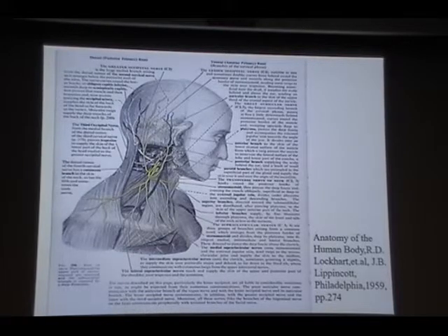So we're going to see here the cervical plexus, which is anterior rami of spinal nerves, anywhere from C1 down to C8, and we see them here coming out. This is the cervical plexus. This area right here is what we refer to as Erb's point.